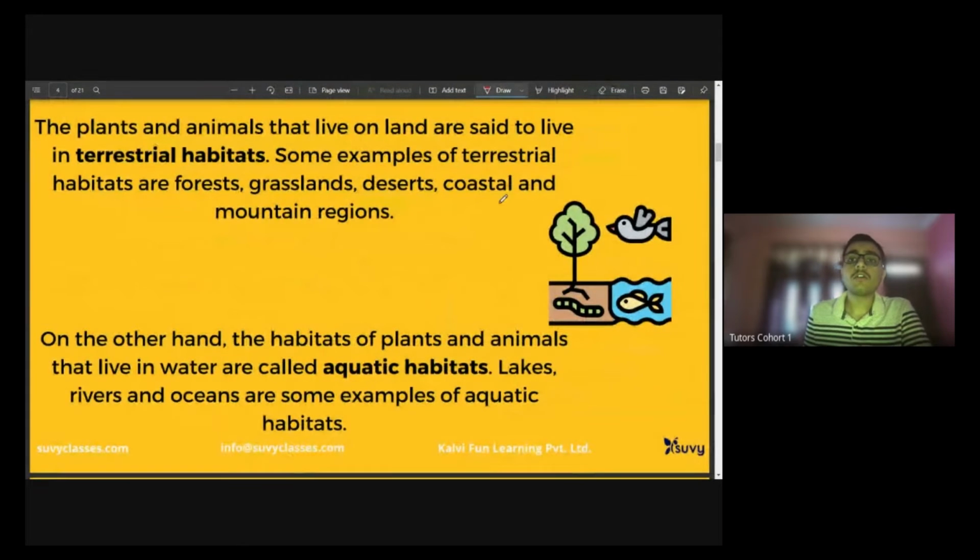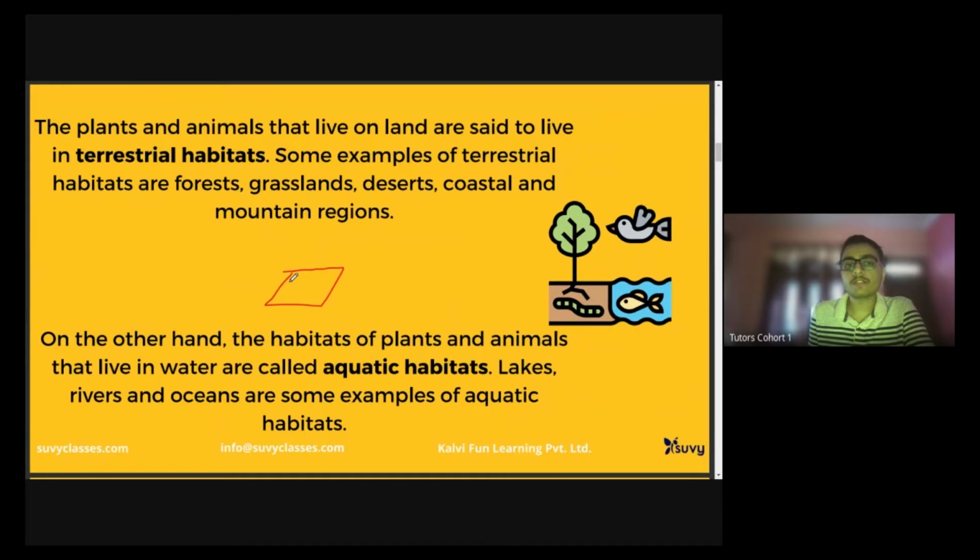Now, there are basically two types of habitats that we need to discuss. First is the land, and next is water. Land habitats are termed as terrestrial habitats, and water habitats are termed as aquatic habitats.